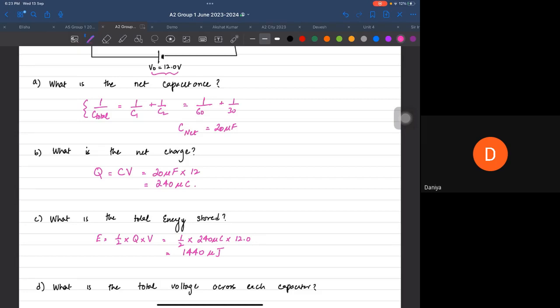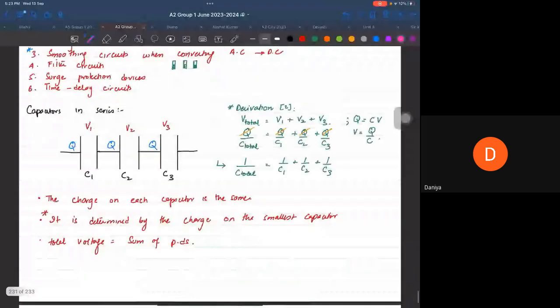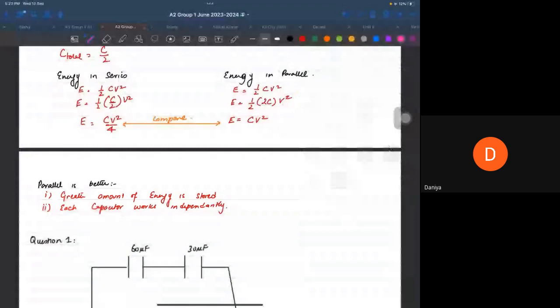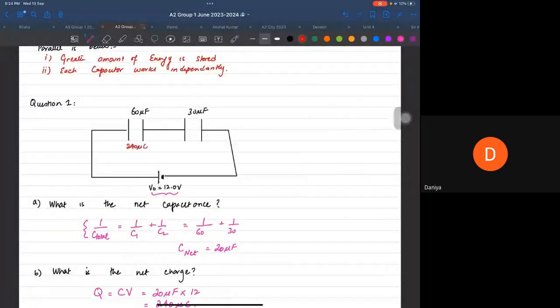Anyway. Then it says, what is the total voltage across each capacitor? For this one, what you need to remember is, in series, I told you yesterday that the charge on each capacitor is the same. So the charge on this one is going to be 240 microcoulombs, and on this one it will also be the same, because the charge stays the same.